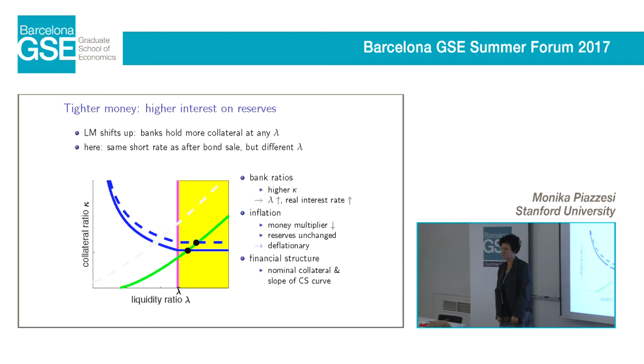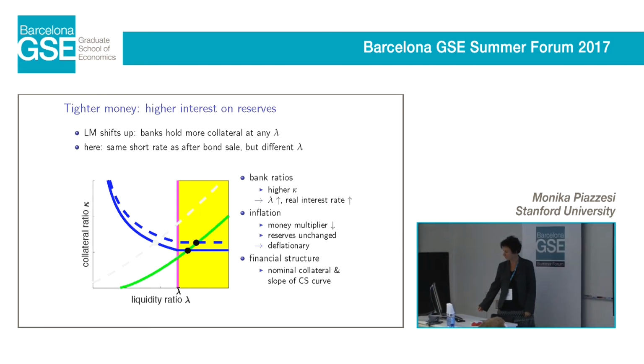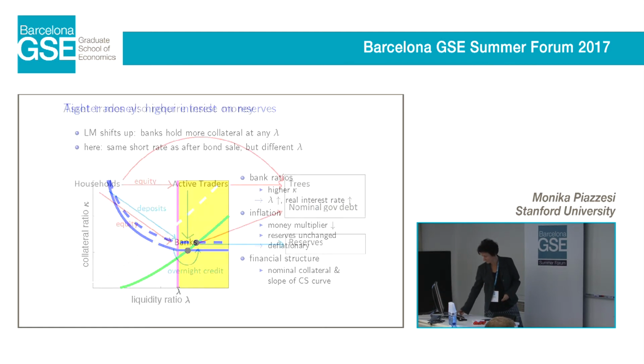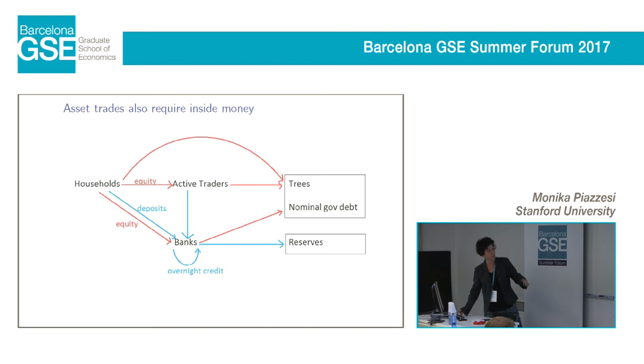Think of interest on reserves as making it cheaper for banks to produce inside money, like lowering a tax on their production. And so there are these two ways in this model of increasing real interest rates.